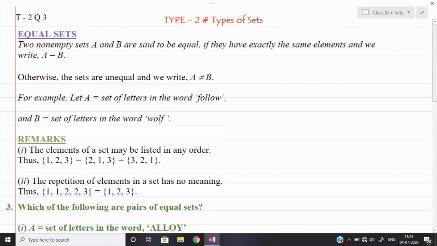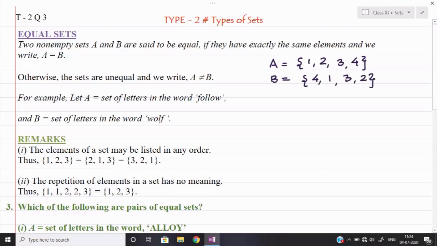Same elements means, suppose I say I have one set A. For example, here if I write down one set 1, 2, 3 and 4, okay, and set B, I am writing here 4, 1, then 3 and then 2.